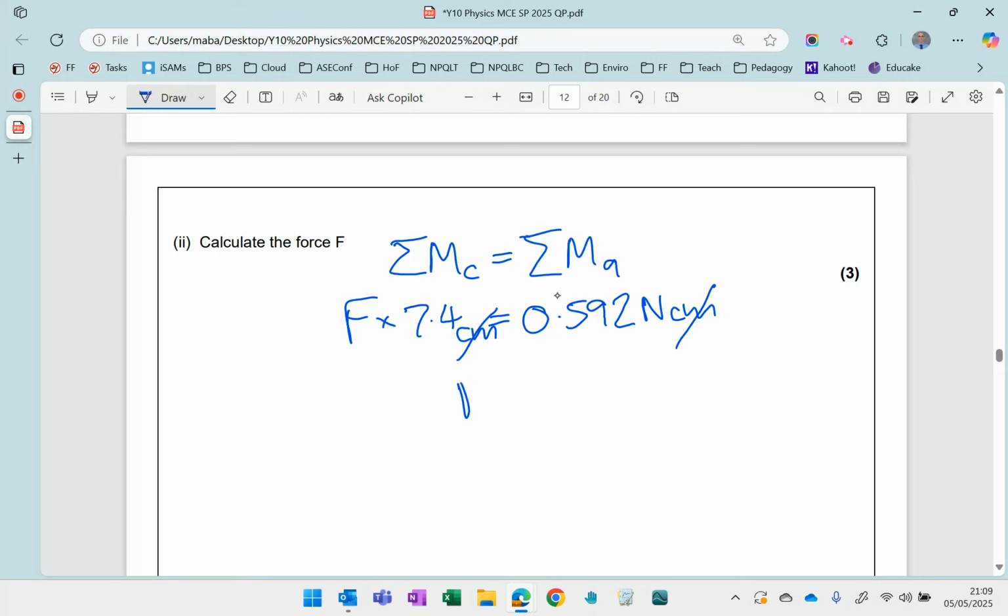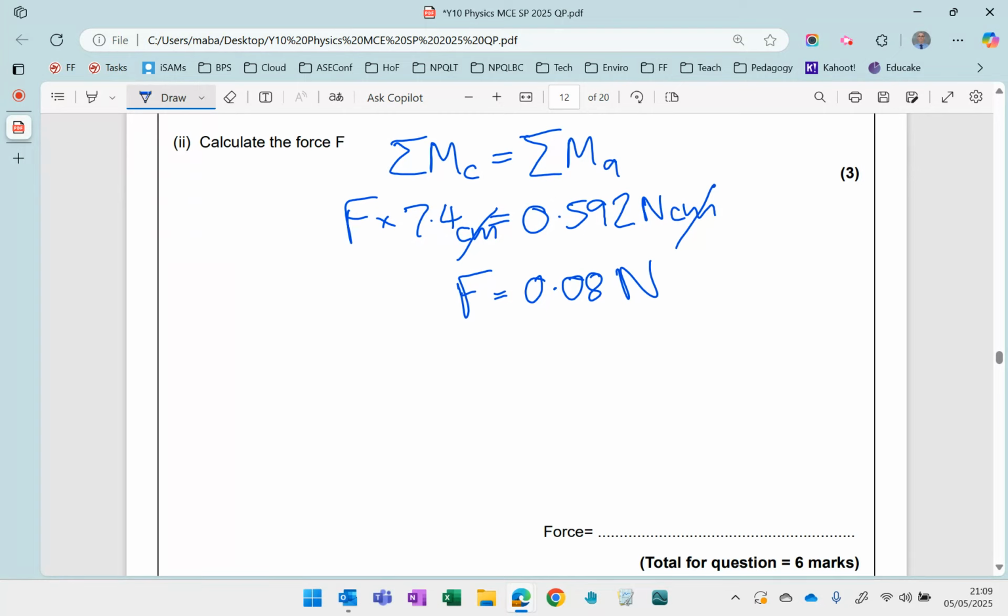Although, of course, you can do the whole thing in meters and you will get exactly the same answer. Okay, let's just prove that to ourselves. So what we could have done is the force times by, okay, so we're going to divide this by 100, 0.074, okay, and then this was going to be 5.92 times 10 to the minus 3.